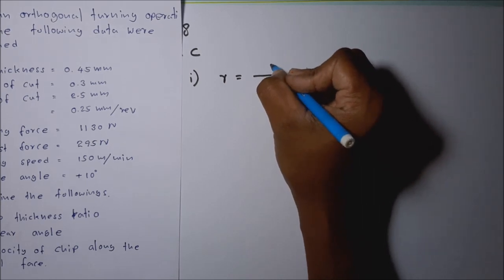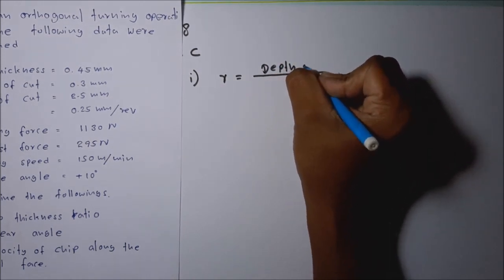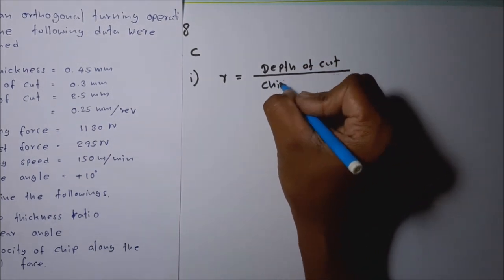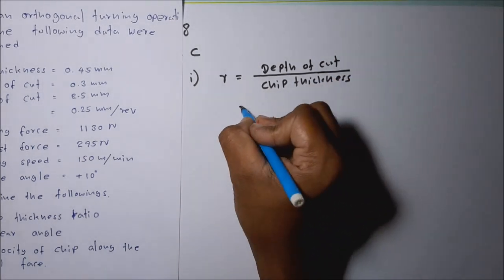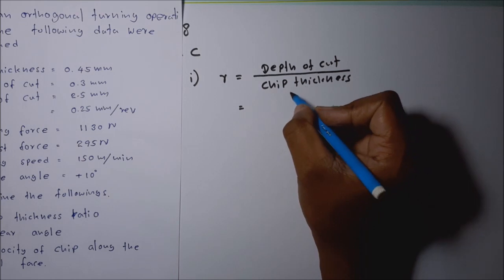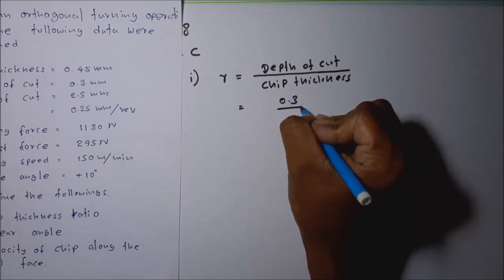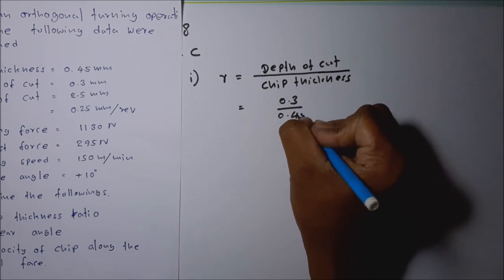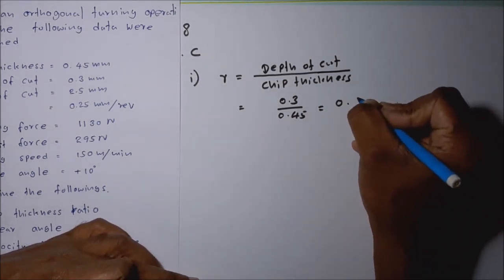Here the undeformed chip thickness is equal to the depth of cut. Depth of cut is 0.3, chip thickness 0.45. Then 0.3 divided by 0.45 gives 0.667.